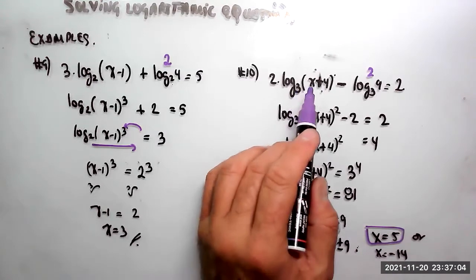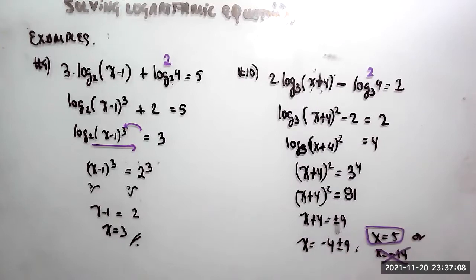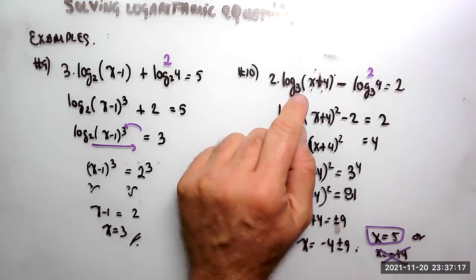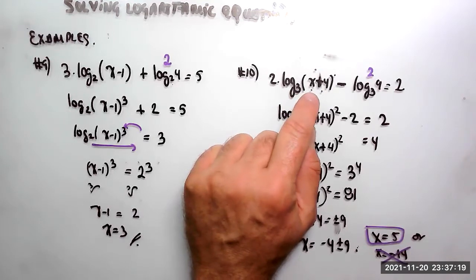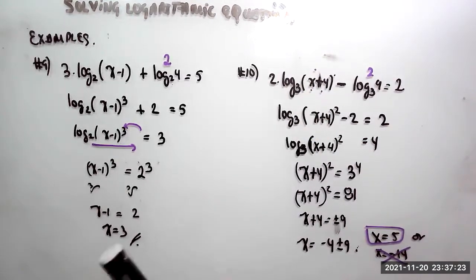When x equals negative 14, plus 4, that will be negative 10. So if we plug in negative 14, we'll violate the domain rule, that will give me log base 3 of negative 14 plus 4, that will be log base 3 of negative 10, which does not exist.